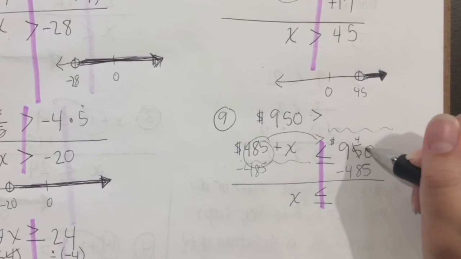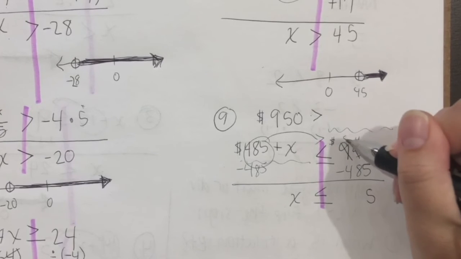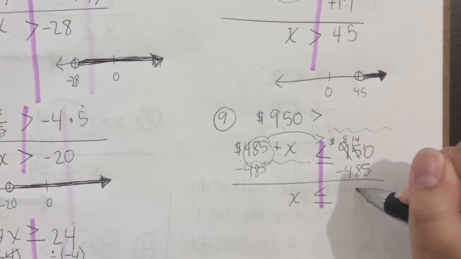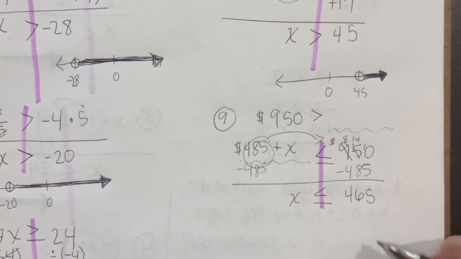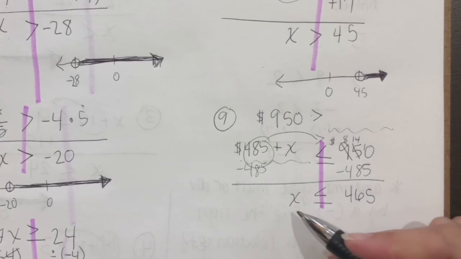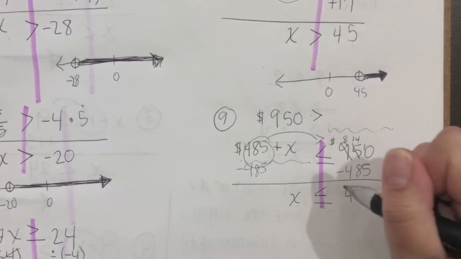So I'm going to have to borrow. So she can spend a maximum of $465. So x has to be less than or equal to $465.